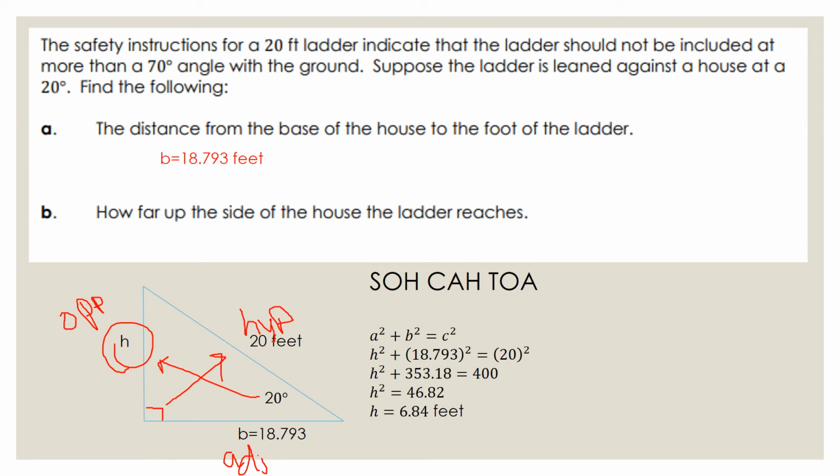We can also use the Pythagorean theorem. So if we want to, we can plug in these numbers for a squared, b squared, and c squared. We can say that h is our a, so we'll plug in h for a squared. And b, we can just keep as our b squared, so 18.793 to the second power, and that's going to equal c squared, our hypotenuse squared.